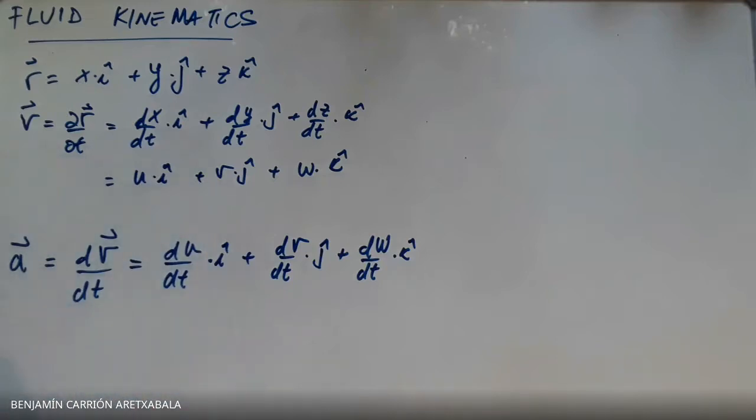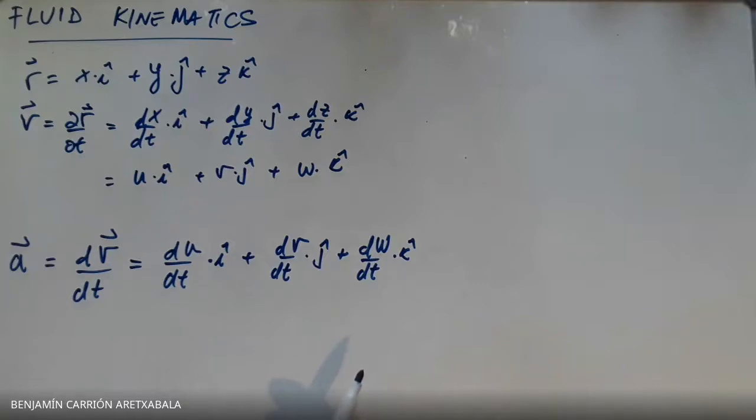But velocity might be changing also because you're moving, because you're passing from one position where velocity has one value to another position where velocity has another value, right? So these derivatives are a bit more complicated. Okay, they're not rocket science, but you need to pay attention.